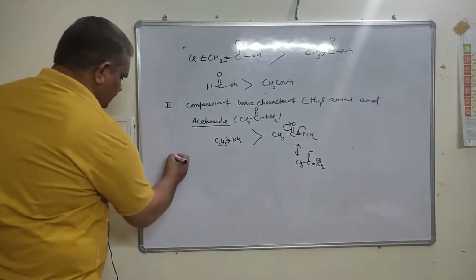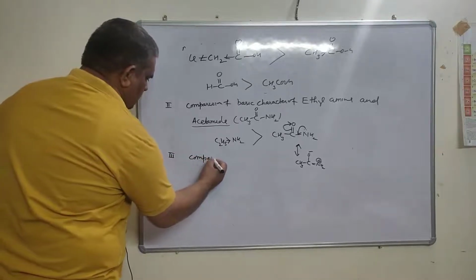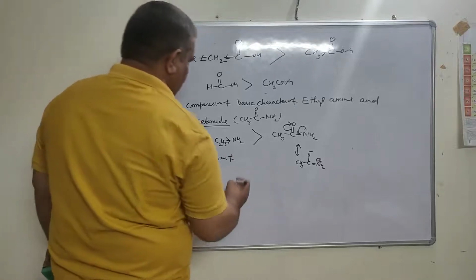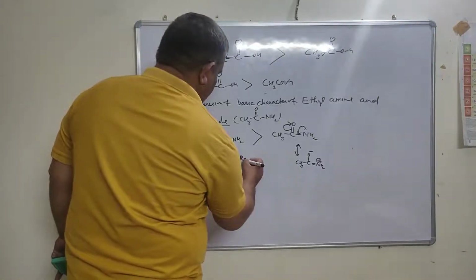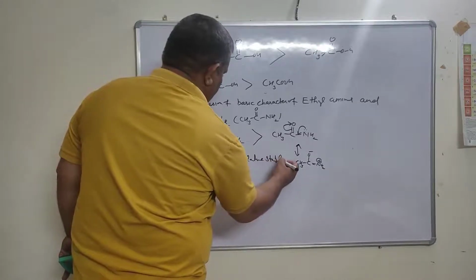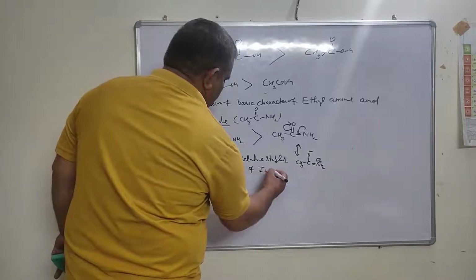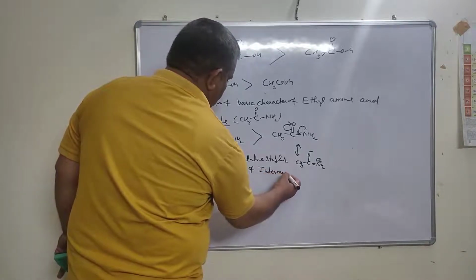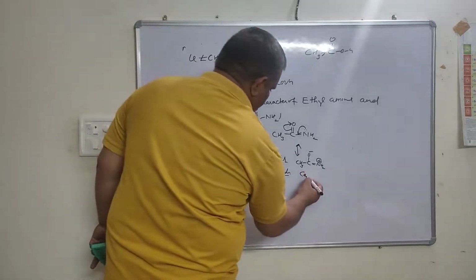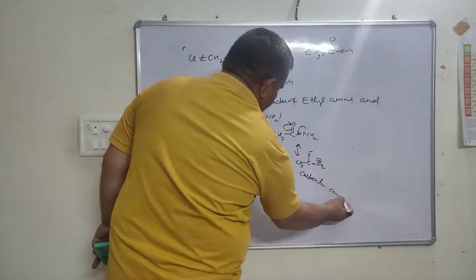Third is comparison of relative stability of intermediates, that is carbocation and carbanion.